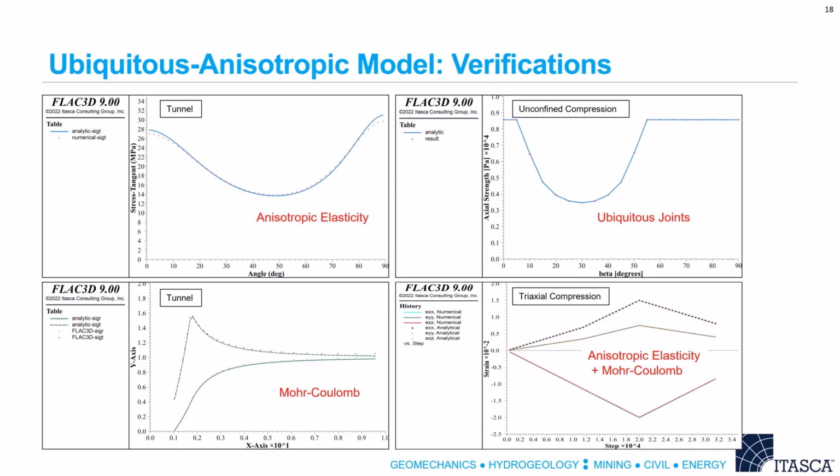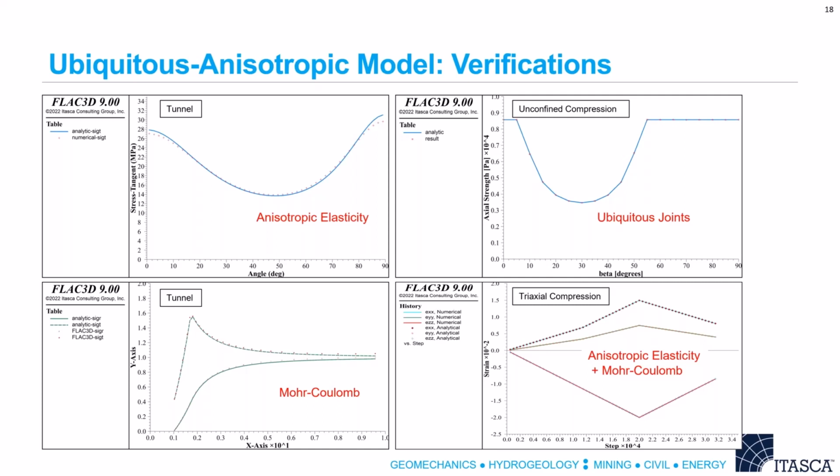And then we do some verification for this ubiquitous anisotropic model. We do the verification by degenerating this model. For example, the first figure degenerates to anisotropic elasticity by inputting a very large cohesion to the matrix and a very large cohesion to the joint also.